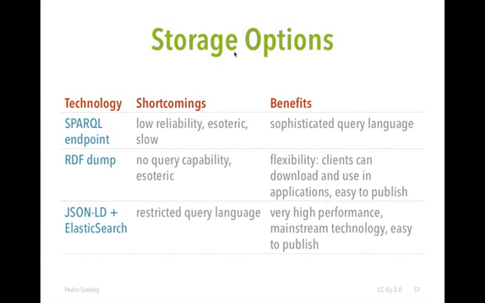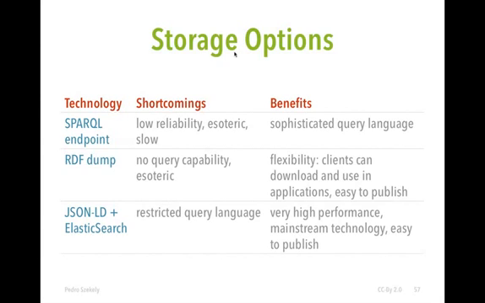Another option, which I think is a much newer option, is to use JSON-LD. JSON is this popular language for representing data on the web that has become hugely popular, and there's a version of it called LD for linked data. You can then take tools like Elasticsearch, which, if you're familiar with Solr or Lucene for querying documents, is a newer version.